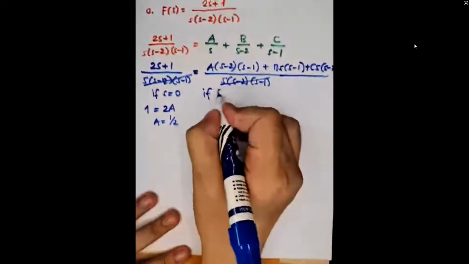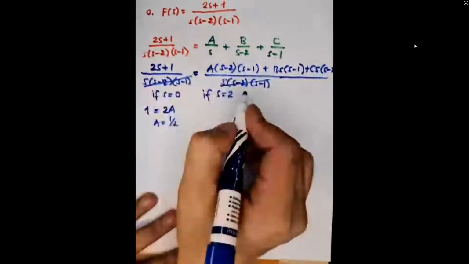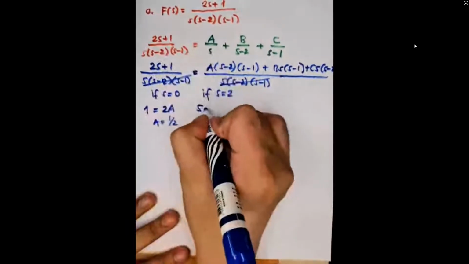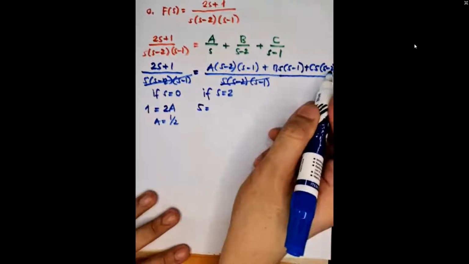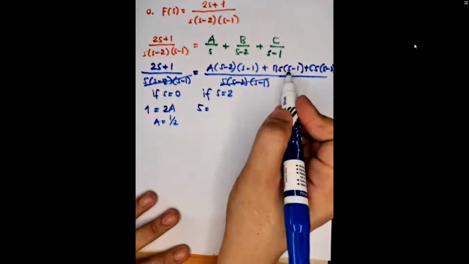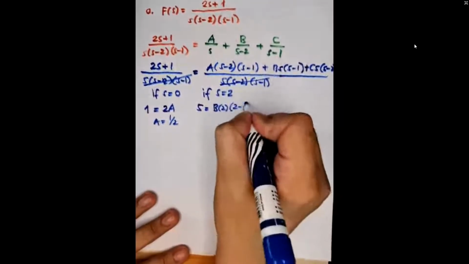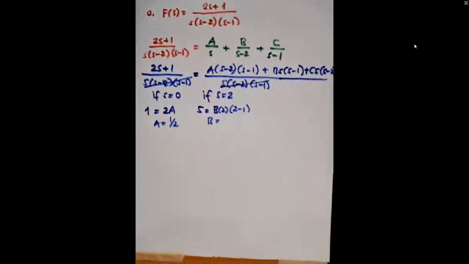Okay, if s is equal to 2, so that some terms cancel, substitute 2 in all of them. So this will be 2 times 2, 4 plus 1 is 5, is equal to 0, this will be 0, so this will be B times 2 minus 1. So what's the value of B? 5 over 2.